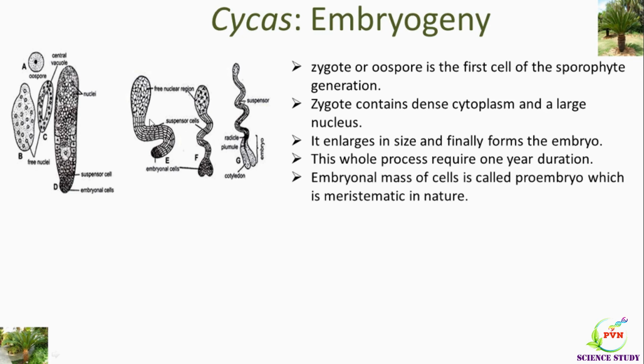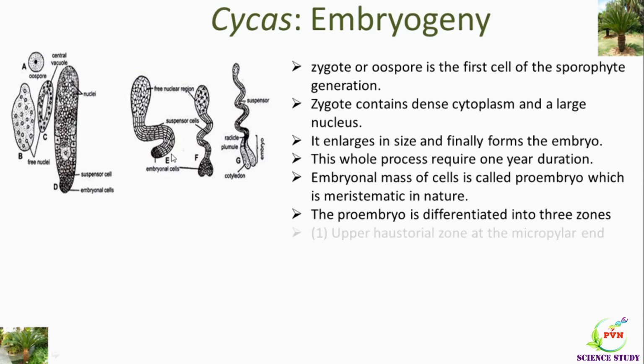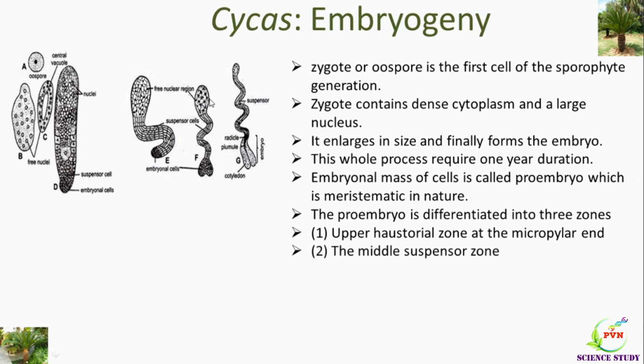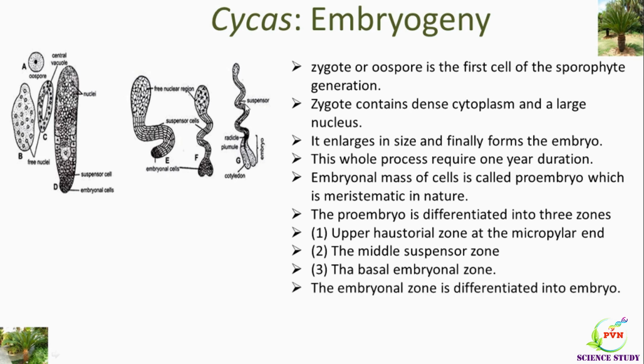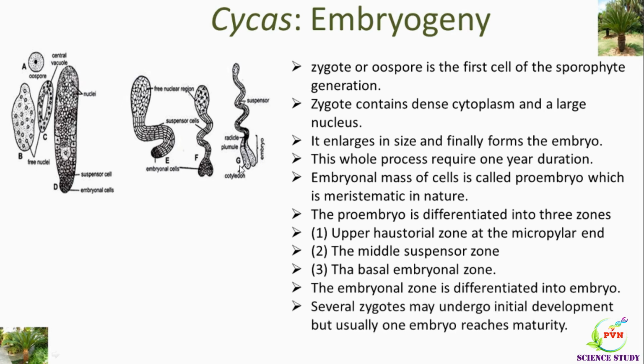The embryonal mass of cells is called the proembryo, which is meristematic in nature. The proembryo is differentiated into three zones: the upper haustorial zone at the micropylar end, the middle suspensor zone as we can see here, and the basal embryonal zone. The basal embryonal zone differentiates into the embryo. Several zygotes may undergo initial development, but usually one embryo reaches maturity.